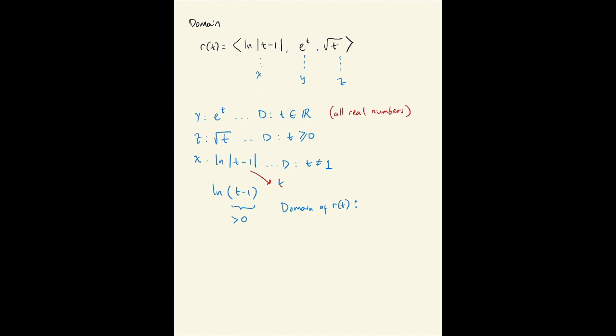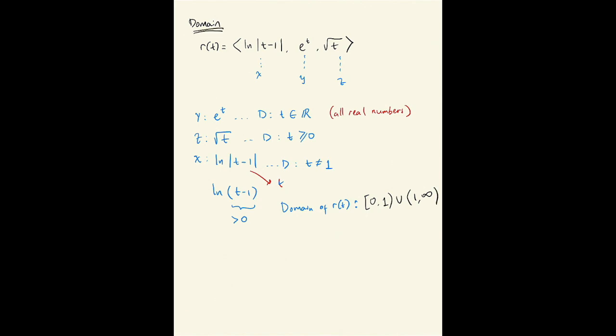It's not equal 1. So I cannot write any negative, right? It should be greater than 0, at least. So I have 0 until 1, but it does not include 1. And then from 1 to infinity, still possible.